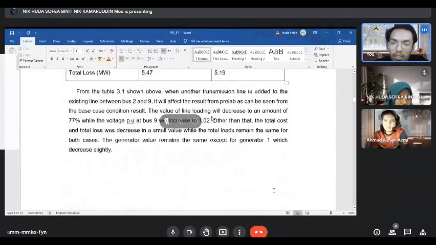The existing line between bus 2 and bus 9 will affect the result, because the line loading will decrease by 77% as bus 9 increases to 1.02 from 1. So the cost and total loss decreased, but the total loss remained the same for both cases. Generator values remain the same except for generator 1, which decreased slightly.